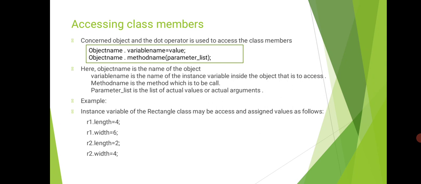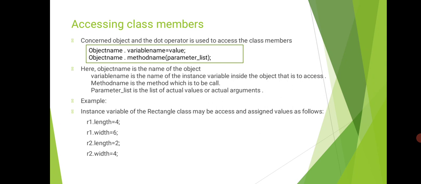For example, here the instance variables of a rectangle class may be accessed and assigned a value as follows. Here r1 and r2 are objects of the rectangle class. The syntax shows object name, dot operator, variable name is equal to value. Here r1 is the object name, then the dot operator, and the variable names length and width are the instance variables of the rectangle class.